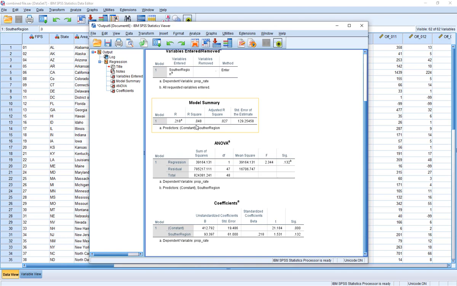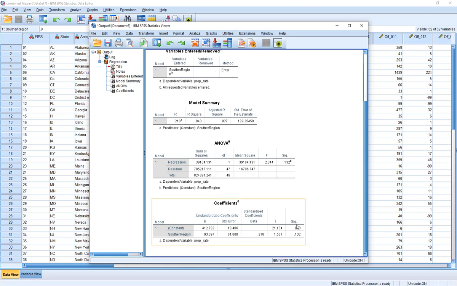So much lower than what we were seeing before, about a fifth of it. Coming down here to the ANOVA, you can actually see, in fact, that the ANOVA is not statistically significant. In other words, this model really hasn't done a better job than just random chance alone in explaining the relationship or trying to explain the variation in our dependent variable of property rate.